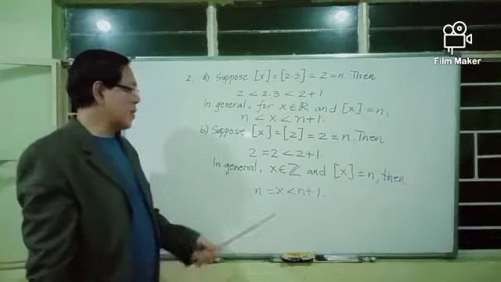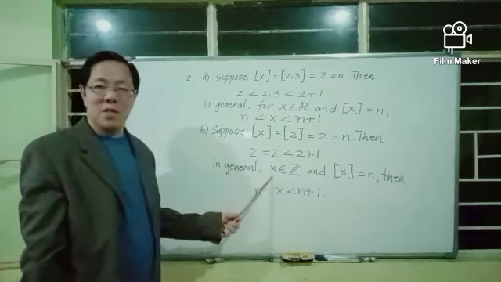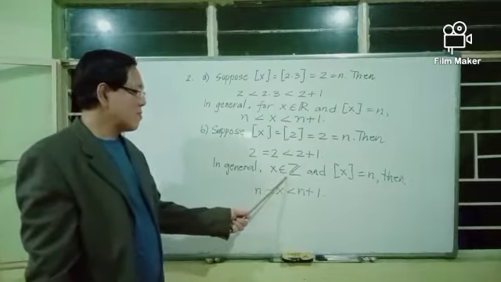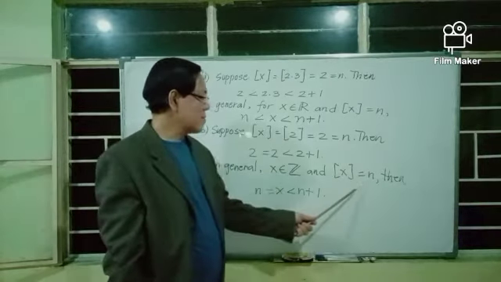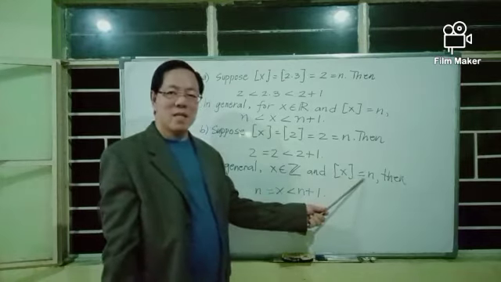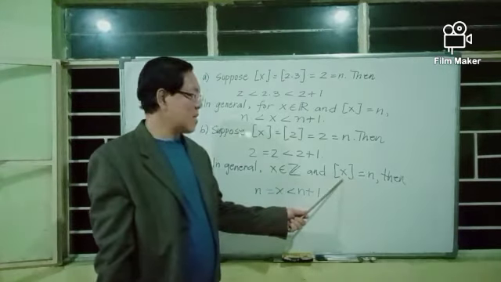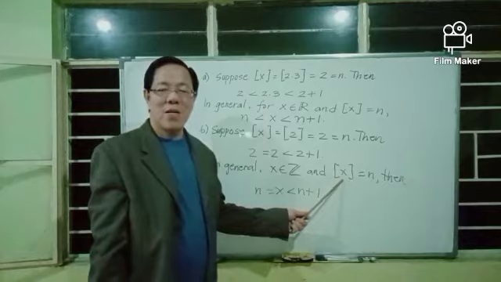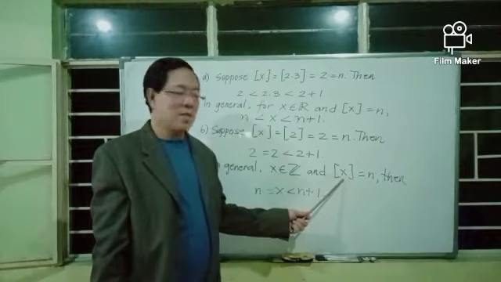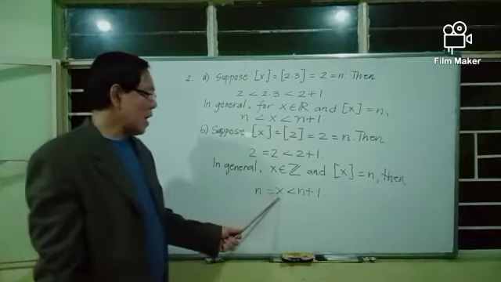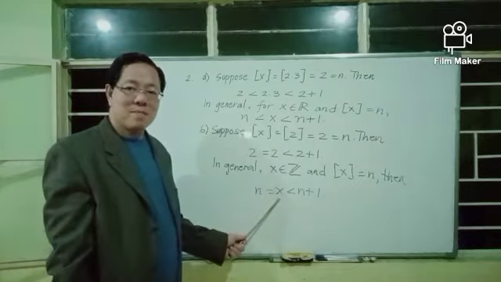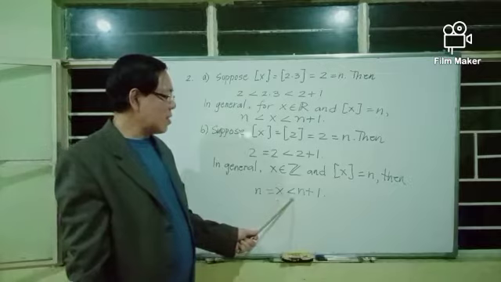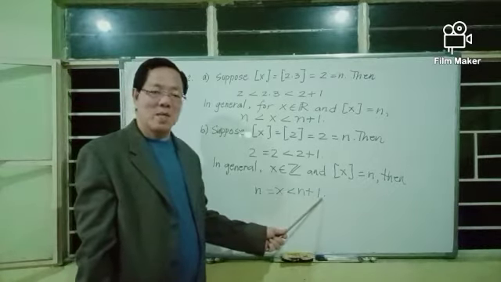In general, for any integer x such that the floor of x is equal to n, actually this n here is exactly equal to x, because x is an integer and the floor of an integer is equal to itself. So we write x is equal to n, but x, the integer n, is less than itself plus 1.